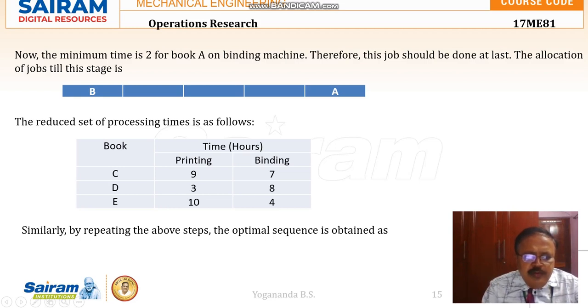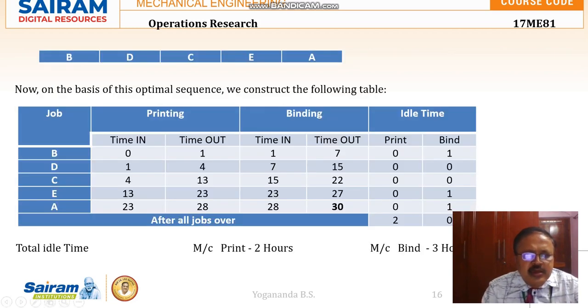By repeating the above steps, we get the optimal sequence as first book B, then D, then C, then E, and then A. Now on the basis of the optimal sequence, we will construct the following table to find the total processing time, idle time on the printing machine and binding machine.